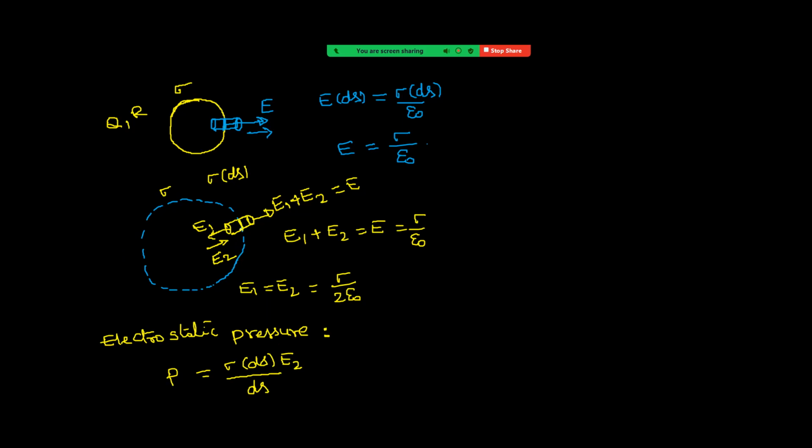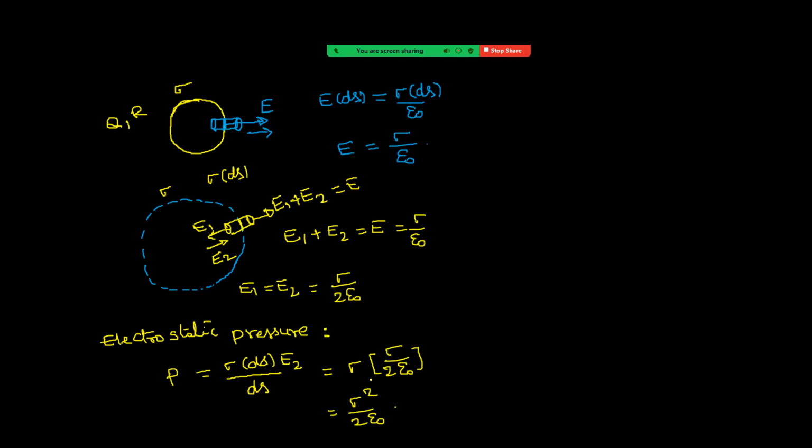Then force will be charge into field. Force per unit area is called pressure. This is known as electrostatic pressure. ds gets cancelled, so it is sigma, and in place of E2, sigma by 2 epsilon naught. So this is sigma square by 2 epsilon naught. That is known as electrostatic pressure.